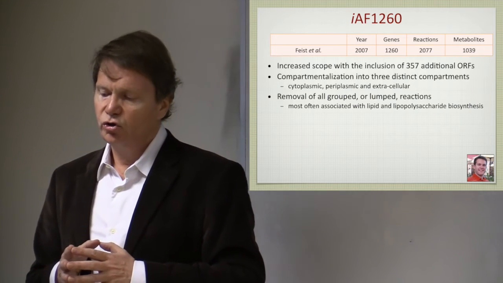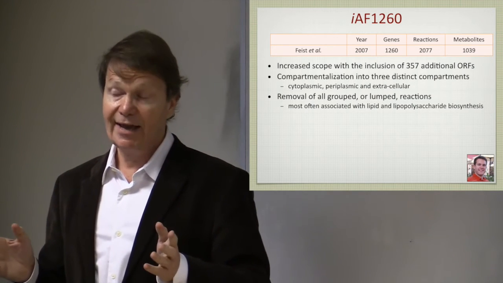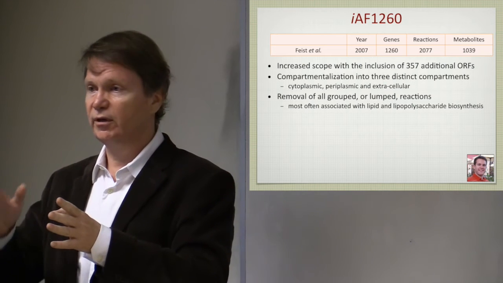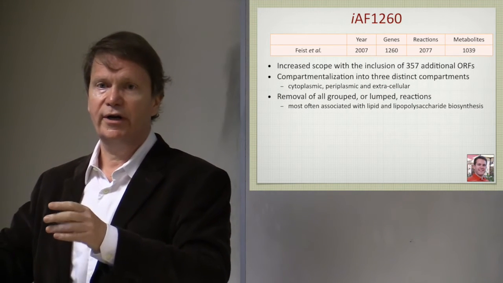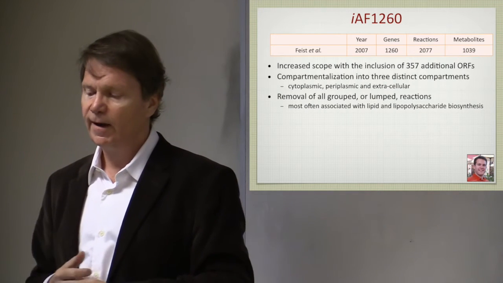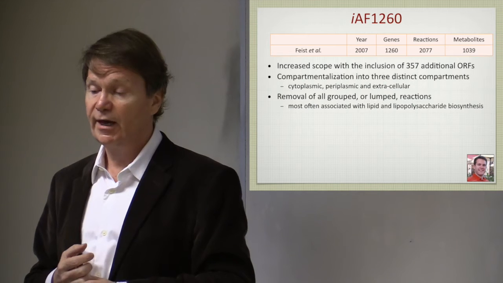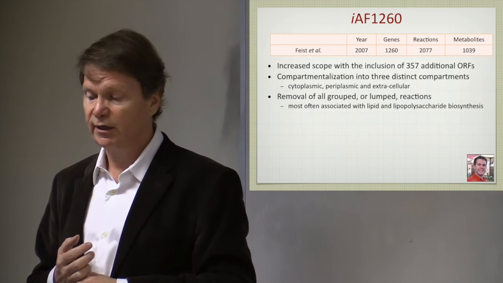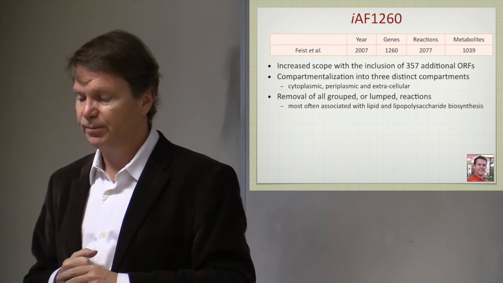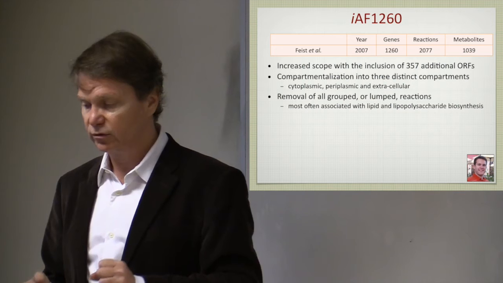In a reconstruction, there are often lumped reactions. So you've probably seen the net reaction for glycolysis, where a glucose molecule plus oxygen becomes 6 CO2s plus water. That is a lumped reaction for all of the glycolytic reactions. And for some processes in E. coli, they have been represented like this, particularly cell wall synthesis. And Adam went through the painstaking process of parsing that out into individual reactions.